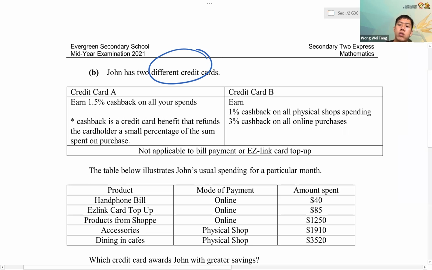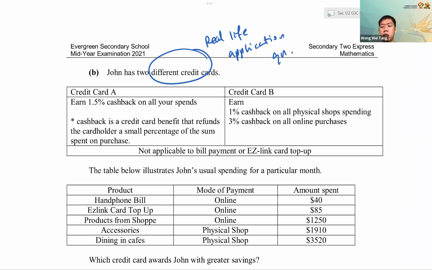This is called a real life application question where you are given a context, kind of like a problem sum, but in a sense a bigger problem sum. But you have to employ the different techniques that you have learned and solve the problem.